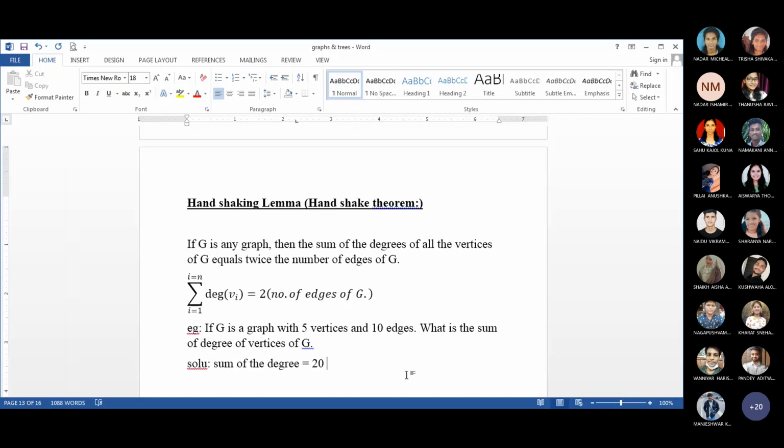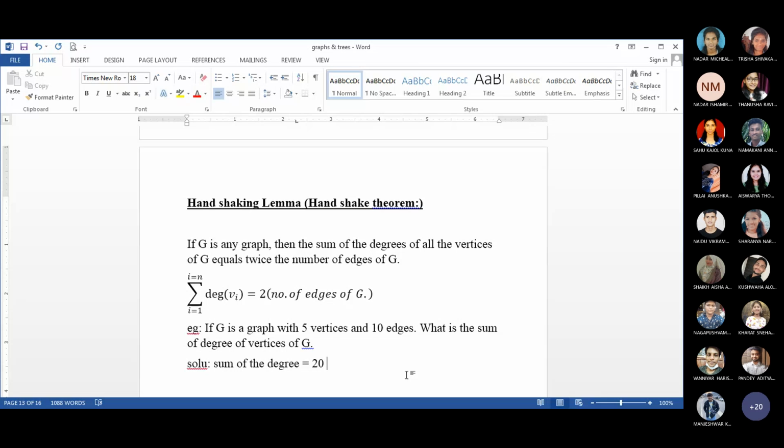Straightforward application of this theorem. Sum of the degrees will be 2 times the number of edges. So my number of edges is 10. So sum of the degrees will be 20.